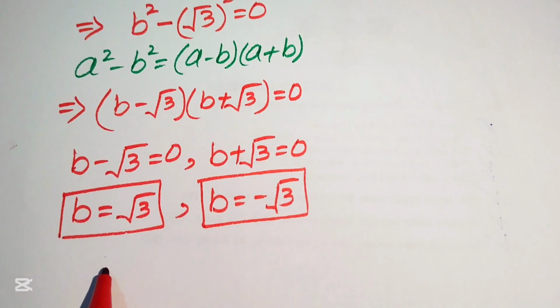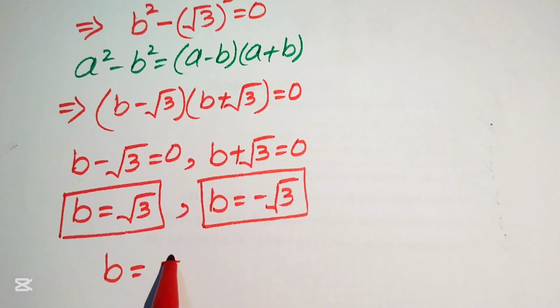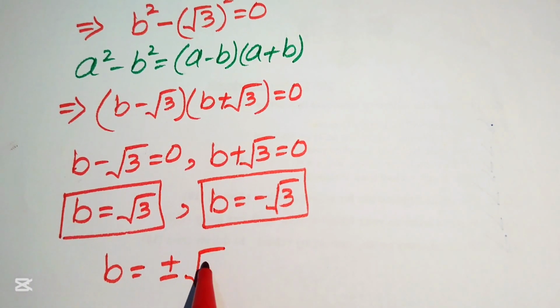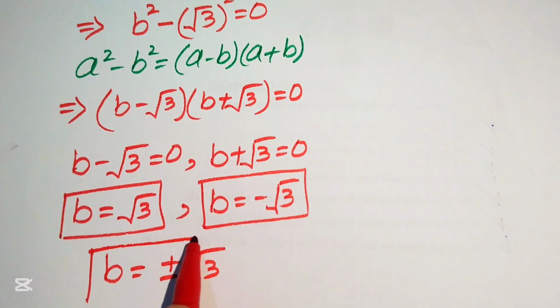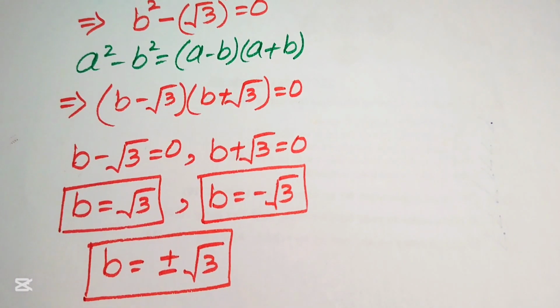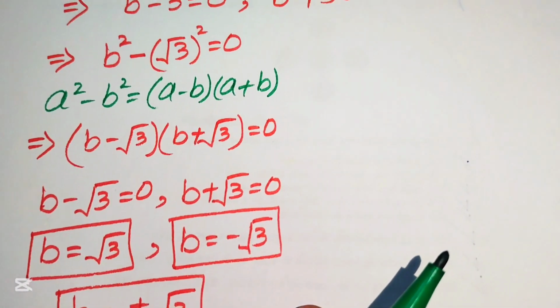Okay, so finally we have the two values of b are plus minus square root of 3. So these are the first two real values of the given equation. Now in order to find the other values of the given equation, we need to solve our second case.